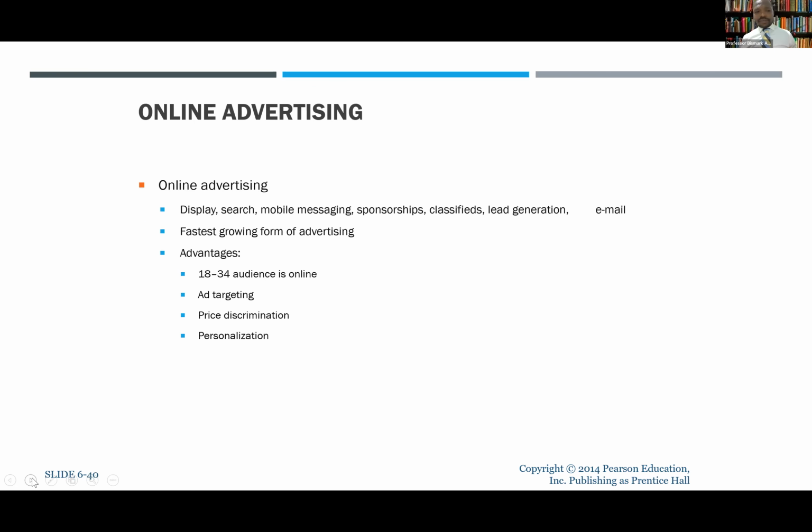Online advertising: display, search, mobile messaging, sponsorship, classified, lead generation, email. It's the fastest growing form of advertising. So let's say, for example, the 18 to 34 audience is online: ad targeting, price discrimination, and then personalization.